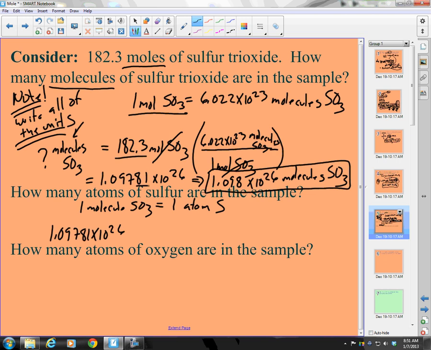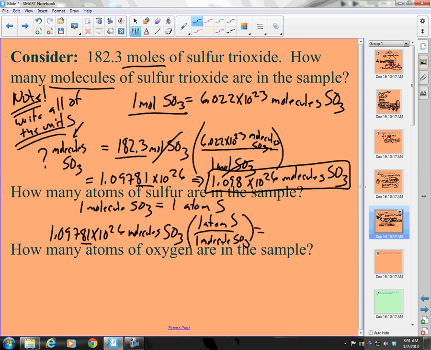I'm going to underline that. That means that's not significant. And what is that? That is molecules of SO3 times what? 1 atom of sulfur times 1 molecule of SO3.